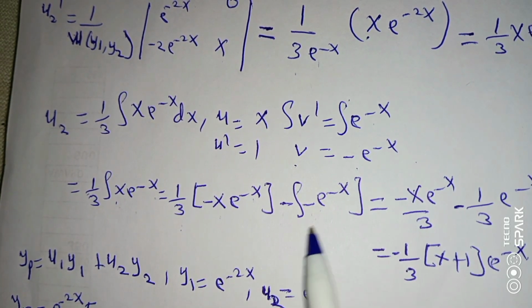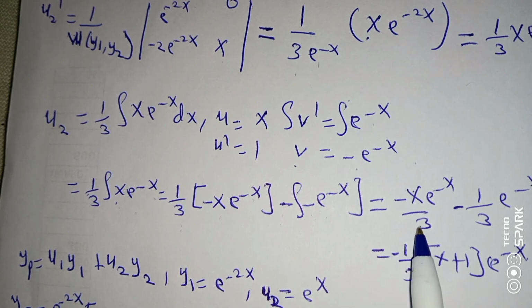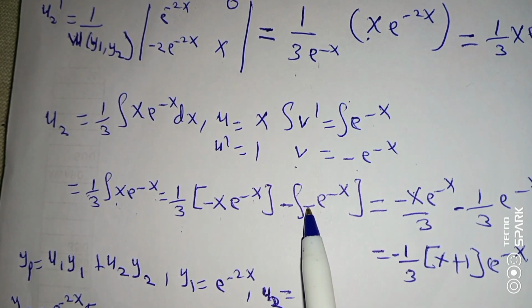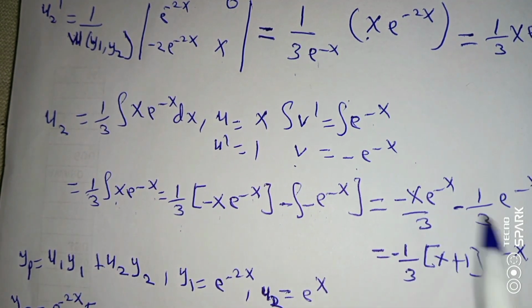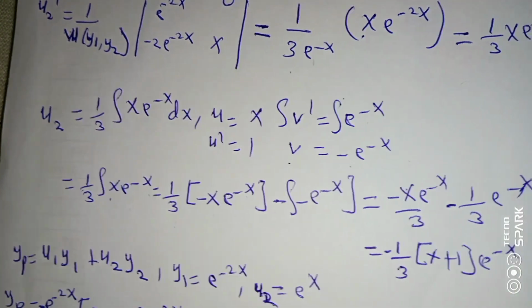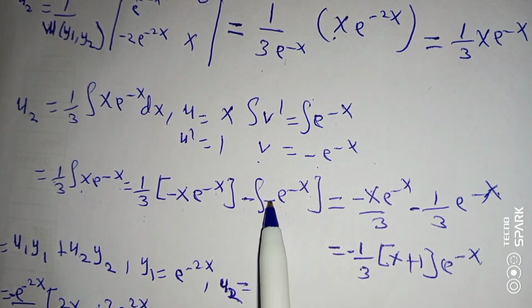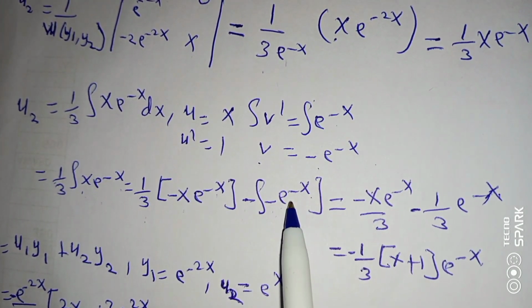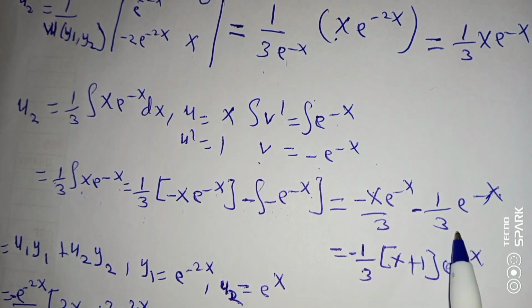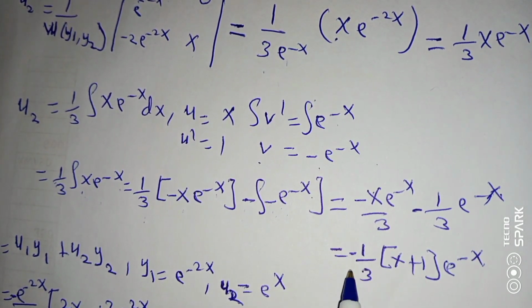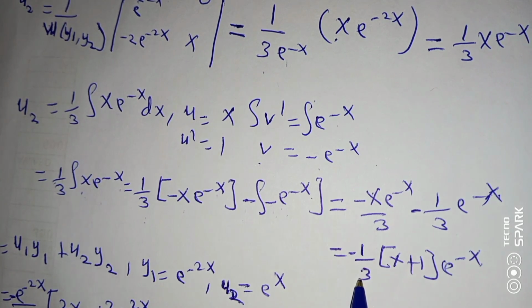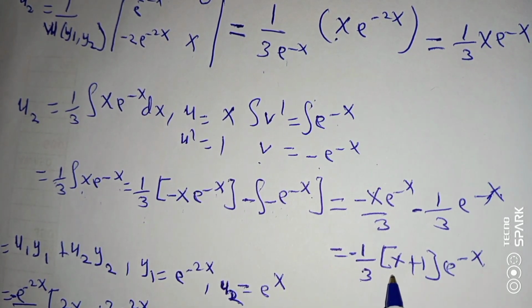When you integrate this part here, it will be plus, then after integrating, negative and negative will give you plus. When you integrate negative exponential negative x, it will give you negative. So that is why we have this part here. Factoring negative outside and exponential negative x, we get this x plus 1.